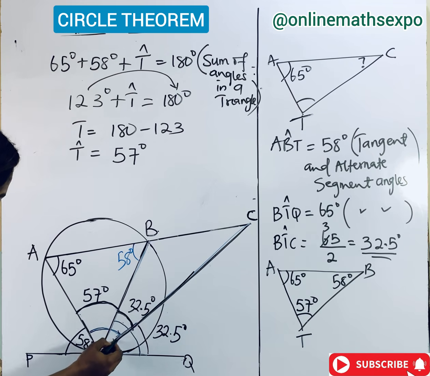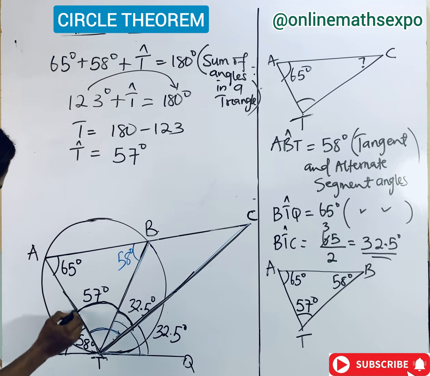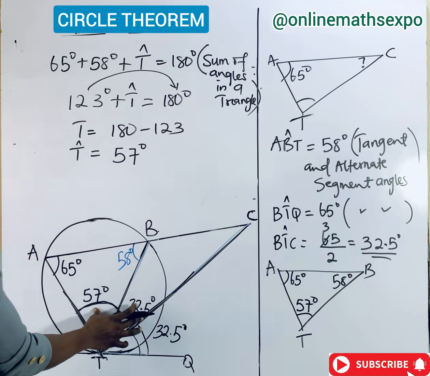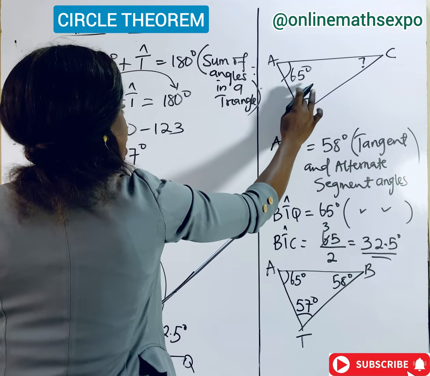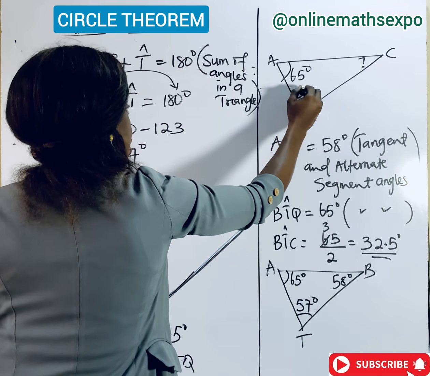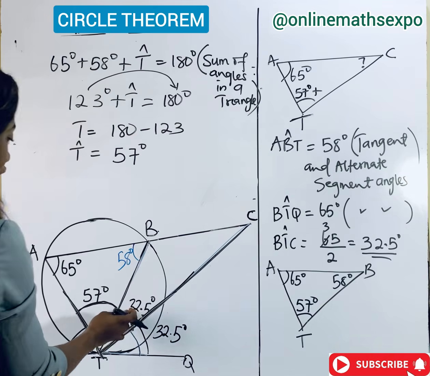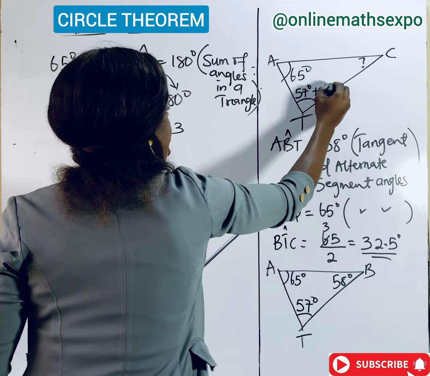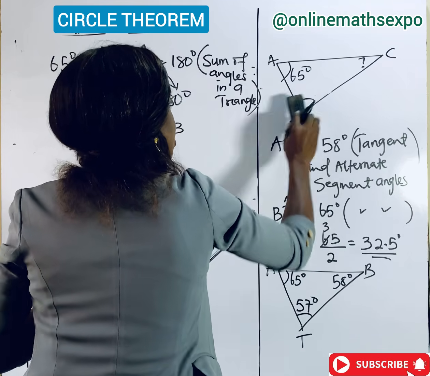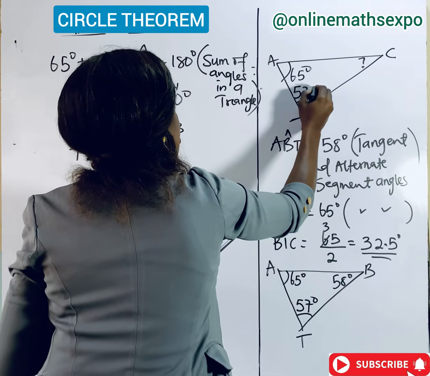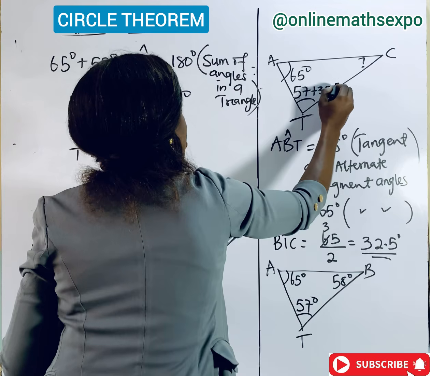So that when you gather it together, did you see it? When you gather this together, what do you have? At this point you are going to have 57 plus 32.5 degrees.